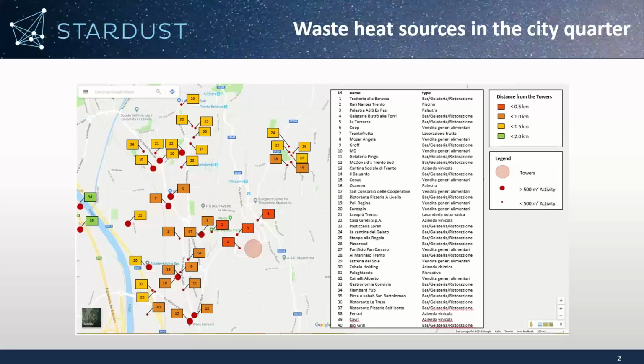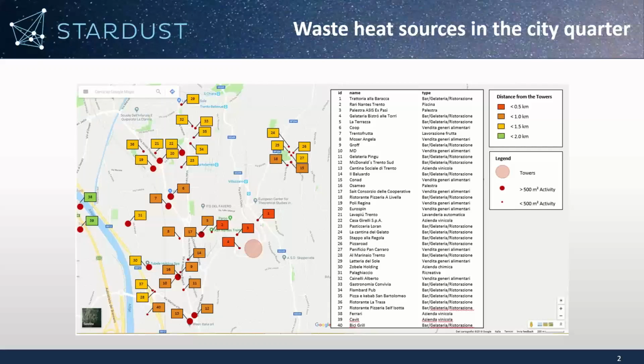Apart from this introduction, what we did is to concentrate on the companies that we believe are more promising, on the one hand because of the type and quantity of energy they could make available in terms of waste heat, and because actually they provided more information.